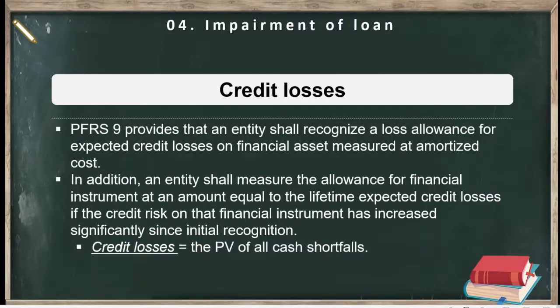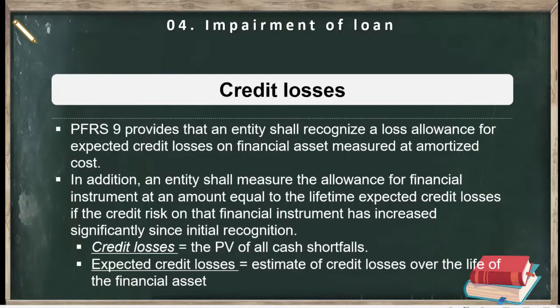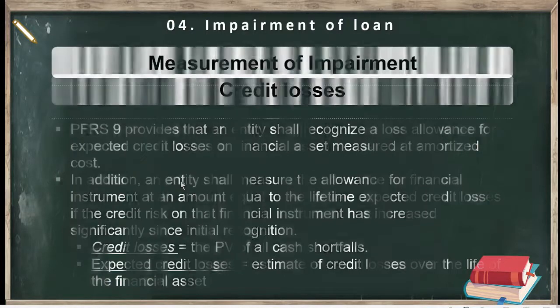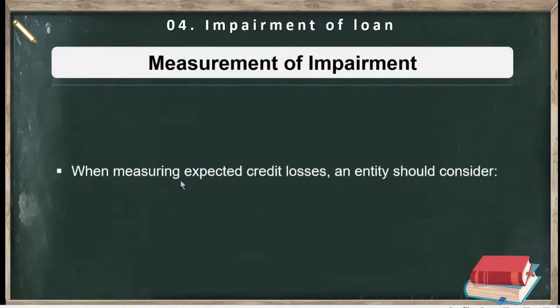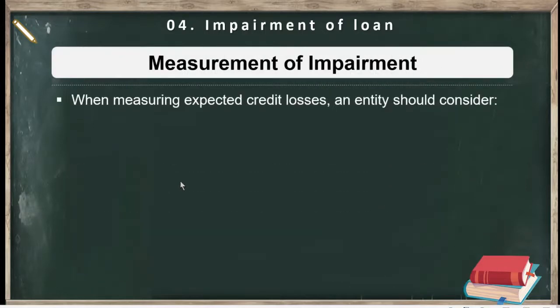We have to take note that credit losses would be equal to the present value of all cash shortfalls, while expected credit losses is equivalent to the estimate of credit losses over the life of the financial asset. So how do we measure the impairment? In measuring the expected credit losses, an entity should consider the probability weighted outcome.